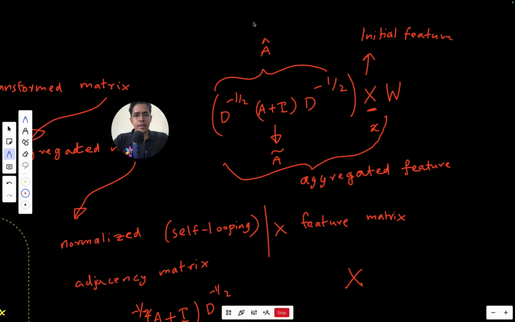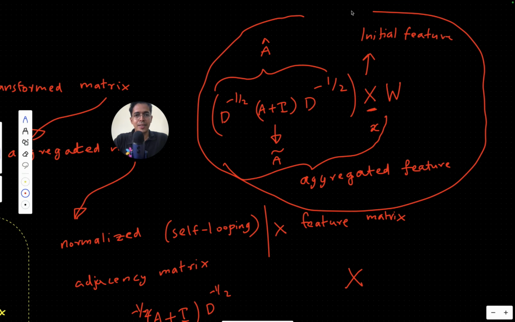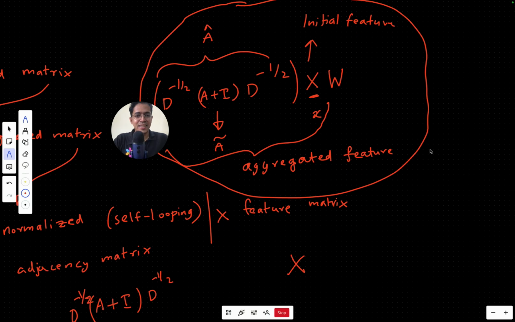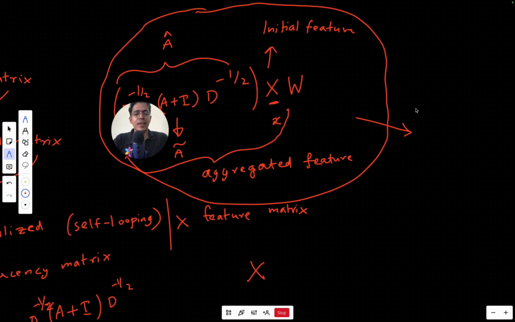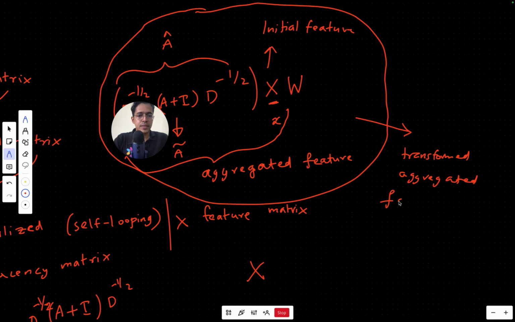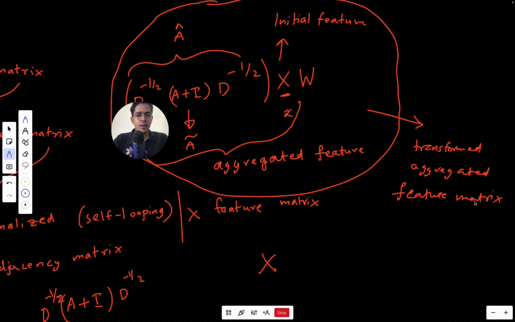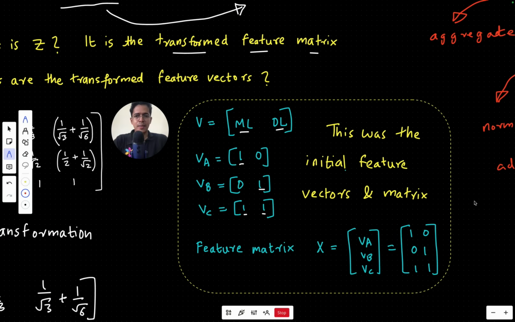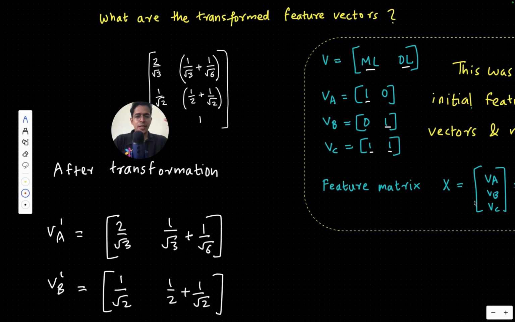And this whole thing, can I write a very ugly circle here? I'm sorry about this messed up thing. But this whole thing is called the transformed aggregated feature matrix. Okay. Very simple. There are so many terms. I just took it slowly so that you can understand.